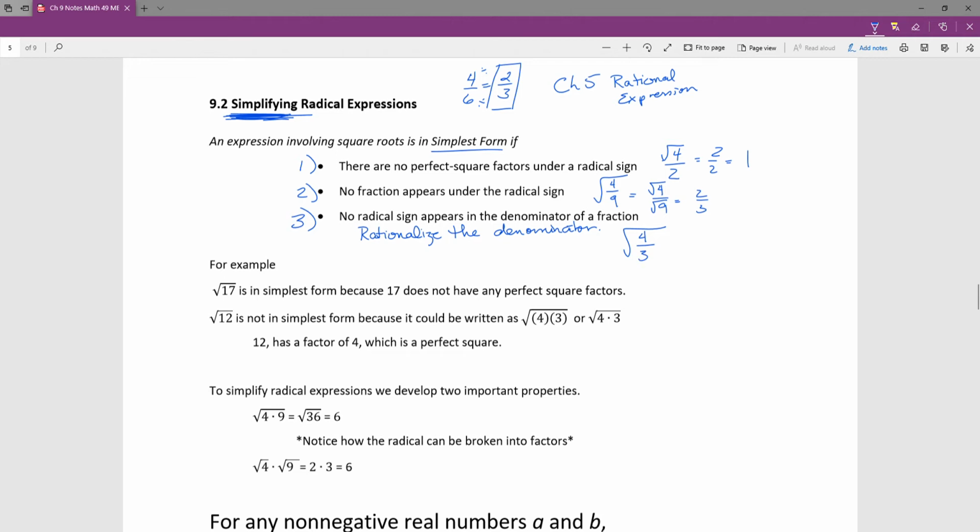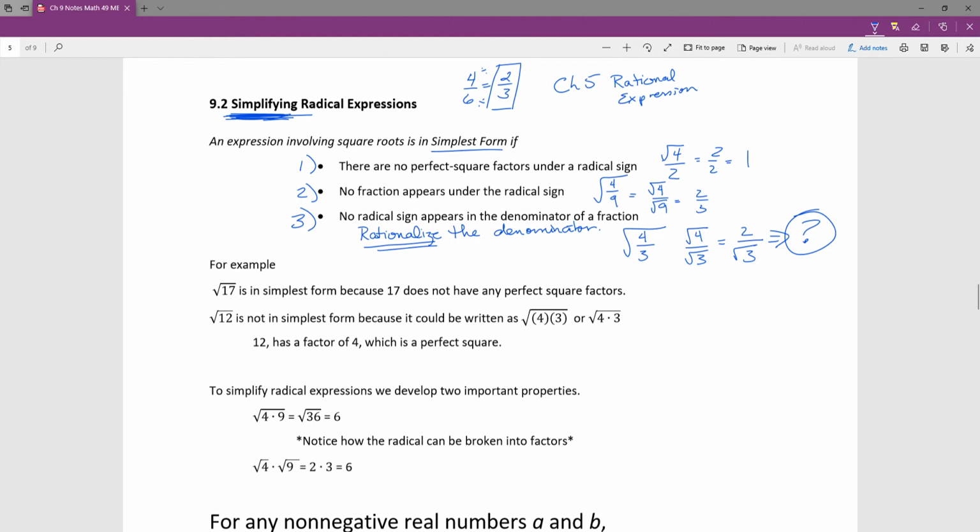In this one, we can break it apart, which was the second criteria, into the square root of 4 over the square root of 3. And we can take the square root of 4 as 2, but we can't take the square root of 3 and get a rational answer. We'd get a weird number, an irrational answer. And so we're going to learn how we go beyond here to satisfy that last criteria. Satisfying that last criteria is the last part of 9.2, where we rationalize the denominator.